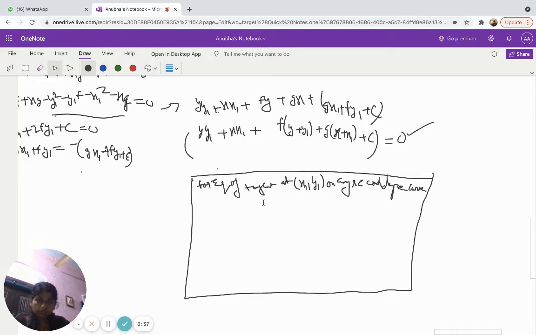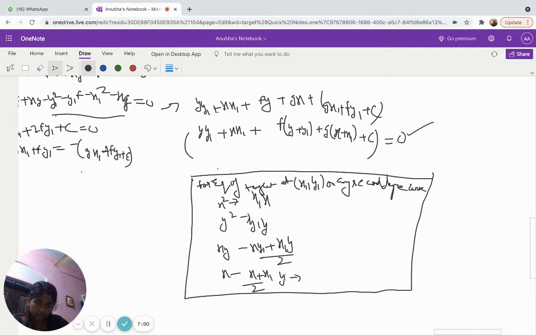if we replace x square with x x1, y square with y y1, xy with (x y1 plus x1 y) by 2, and x with (x plus x1) by 2, y with (y plus y1) by 2, then we get the equation of tangent.